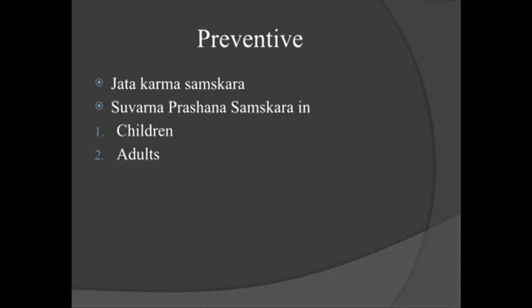For children it has been explained in the Kashyapa Samhita with three ingredients: madhu, that is honey, ghee, and Swarna Bhasma. After that, with the Swarna Bhasma, you can add the churnas of Brahmi, Mandukaparni, Triphala, Shatapushpa, Chitraka, Shatavari, etc.